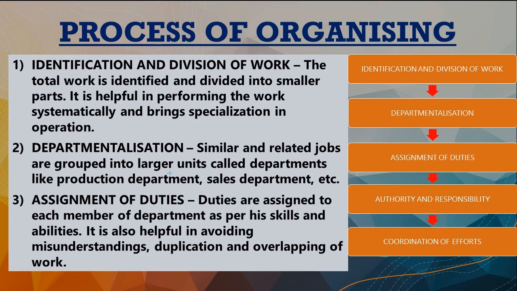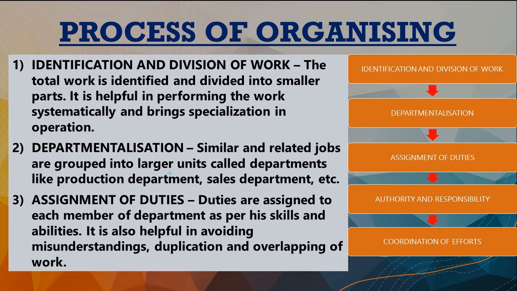Next is assigning duties. Now, after classifying and grouping of organizational activities into various jobs, they are assigned to different employees according to their competence and skills. Or we can say that the work must be assigned to those who are best fitted to perform it well.